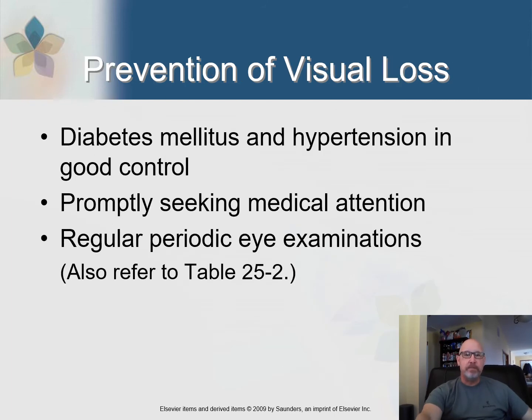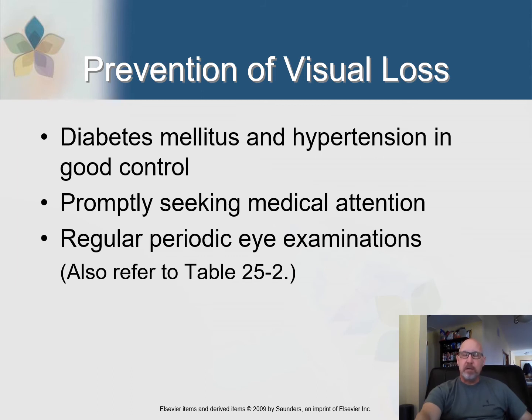Do not wait. As I said before, diabetes and hypertension are both comorbidities to eye disorders or diseases that can occur. So you want to maintain control of the diabetes. You want to keep their glycemic index in a tolerable range.